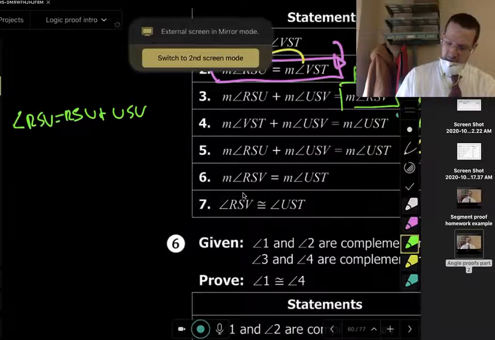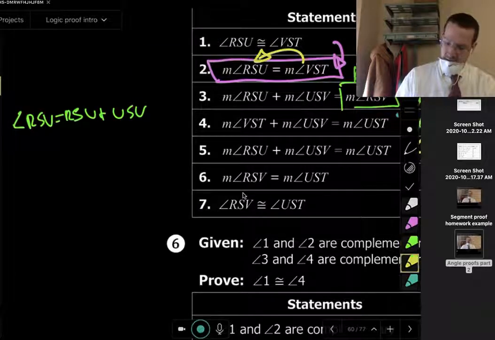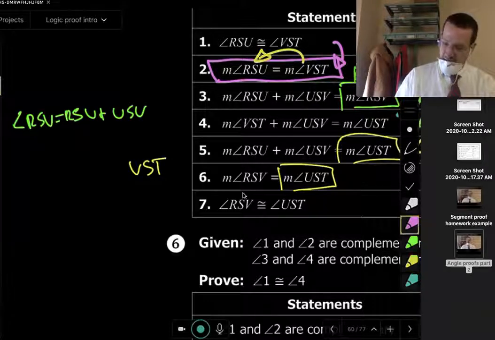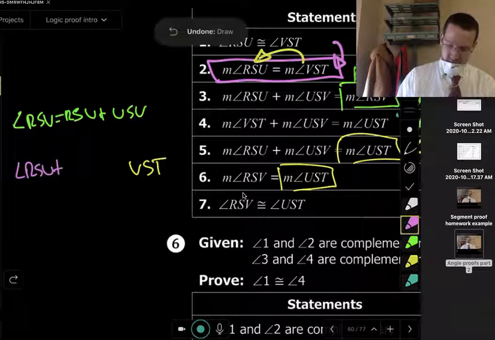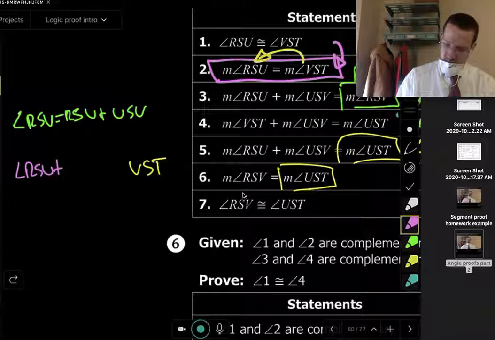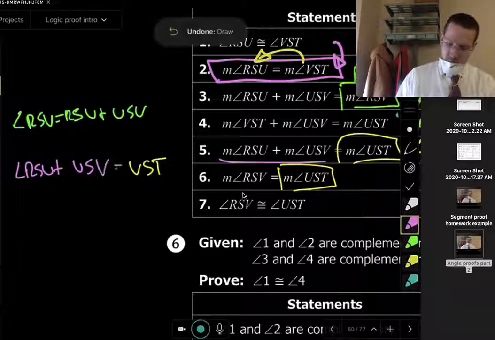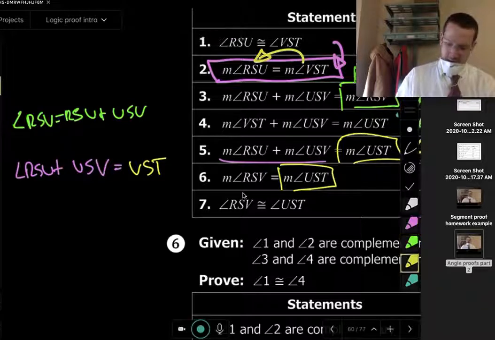Okay, and then what do we have here? Well, I'm connecting to this one. Okay, so I'm connecting to UST. And how are we connecting it to UST? I'm connecting it with RSU plus, yeah, RSU plus UST, no, V. Yeah, so this is my connector.